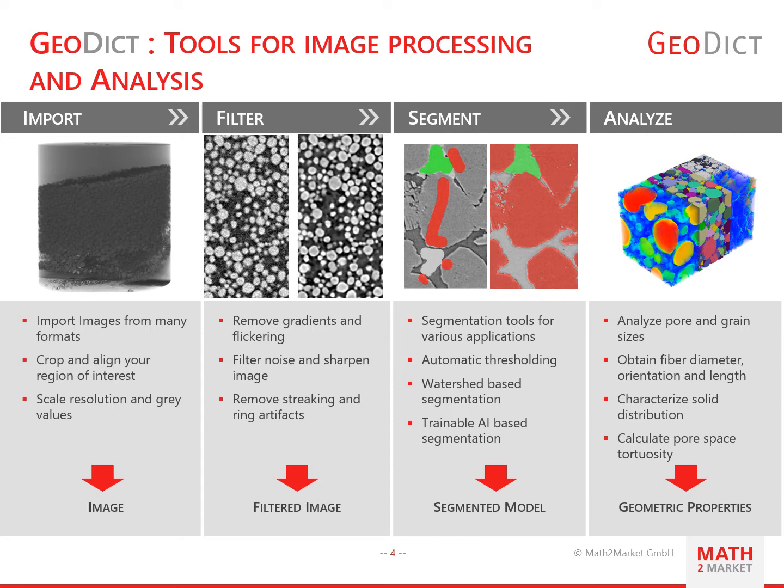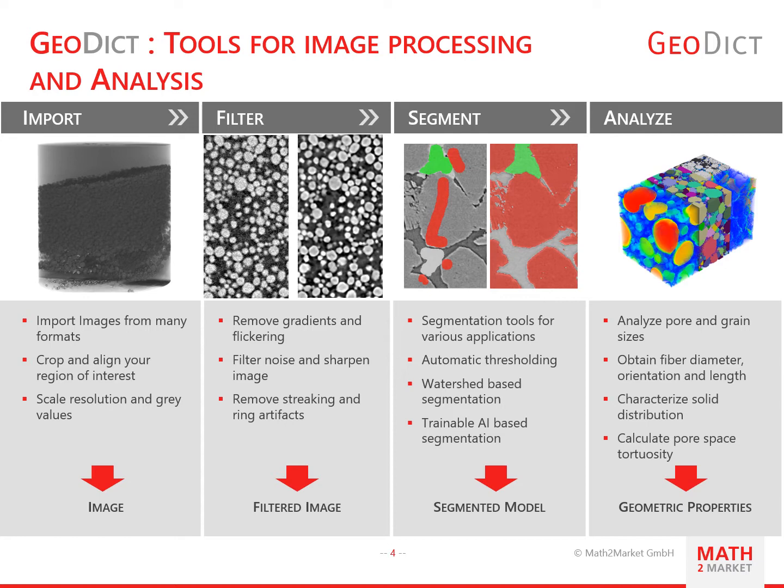The second step then is cleaning the image. So basically image filtering and removal of artifacts like flickering or gradients in the image. So you obtain a filtered image. And the next step then is segmenting your image.